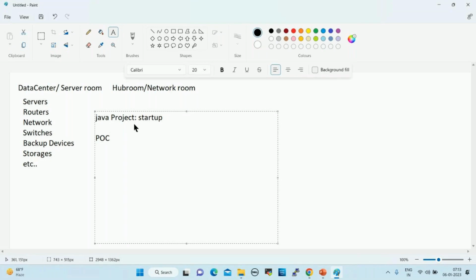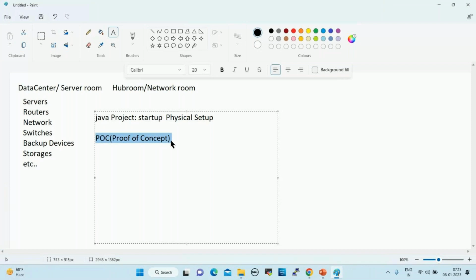What is POC? Proof of concept. So for this startup company's Java project, we are using a physical server setup. Before getting the real project from the client, we need to showcase some proof, which is the POC.